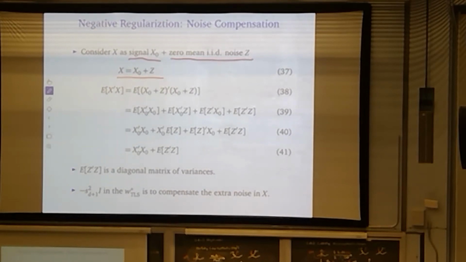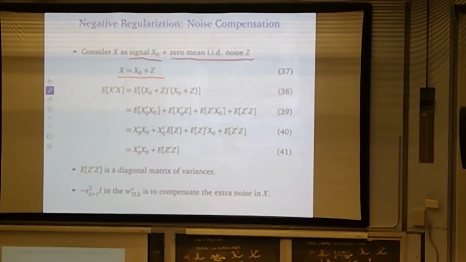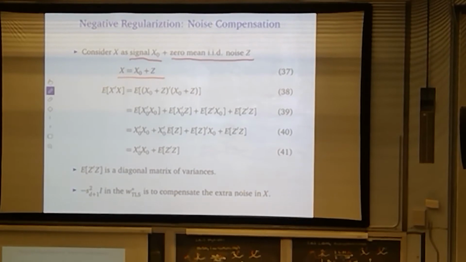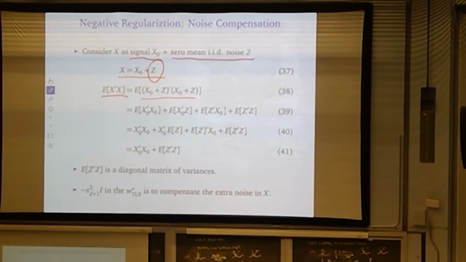It's the original, the earlier noiseless data x we are talking about. Now we just add some noise to it. If you calculate the expectation of x transpose x, the covariance matrix, we substitute this x0 plus z representation into it and expand it.